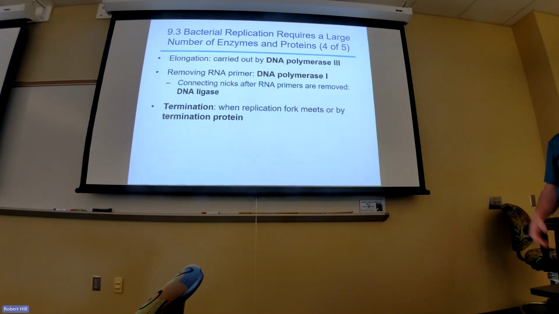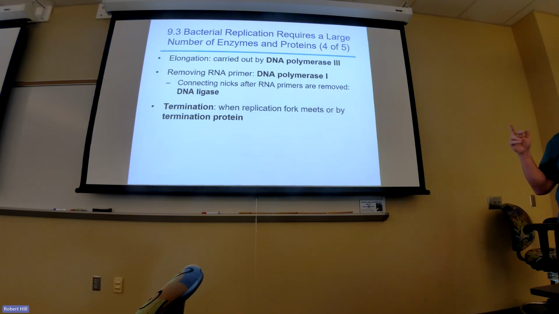All right, so there are two DNA polymerases, DNA pol 3 and DNA pol 1, that you need to know. DNA pol 3 is the enzyme that's elongating the DNA, but with pol 1, you have to replace those RNA primers with DNA.